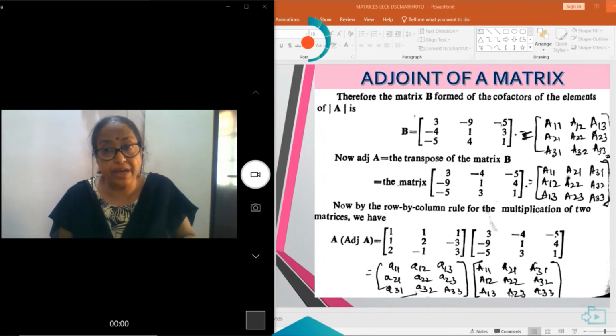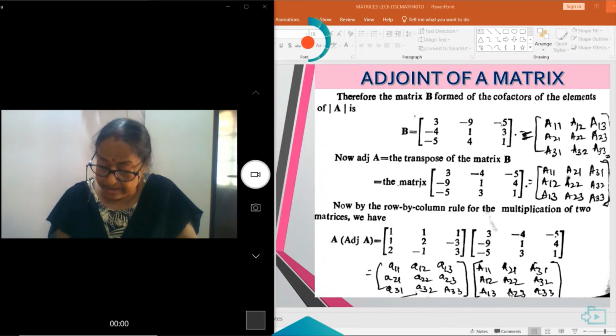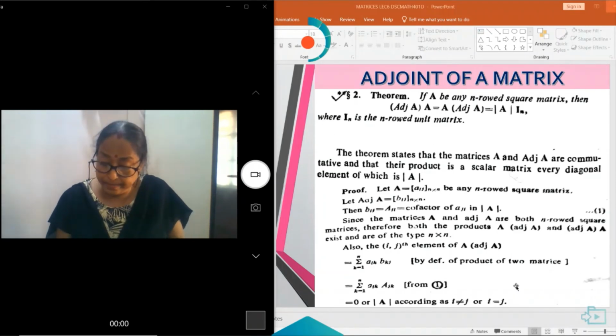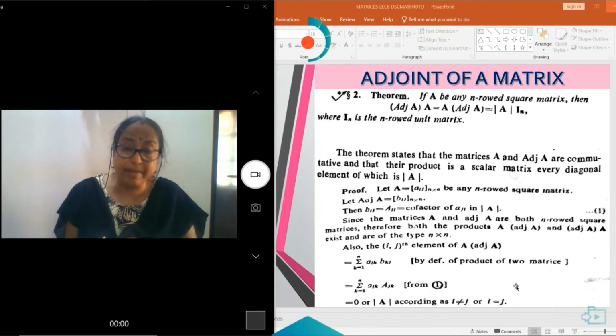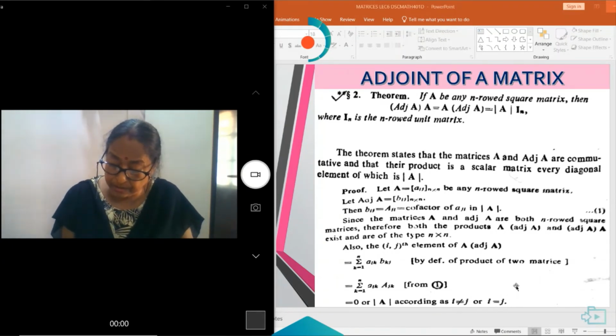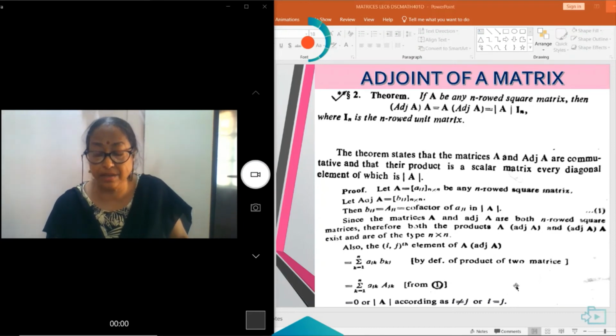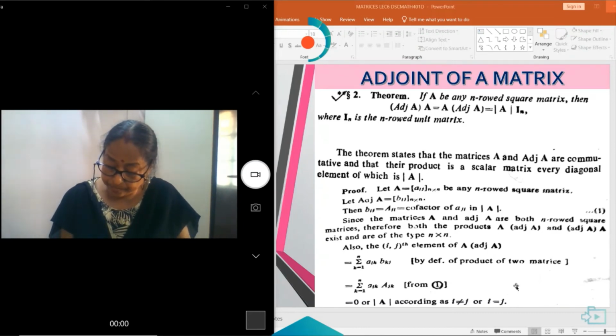Now we will discuss the theorem given. If A be any n-rowed square matrix, then show that adjoint A into A is equal to A into adjoint A is equal to determinant of A into In.